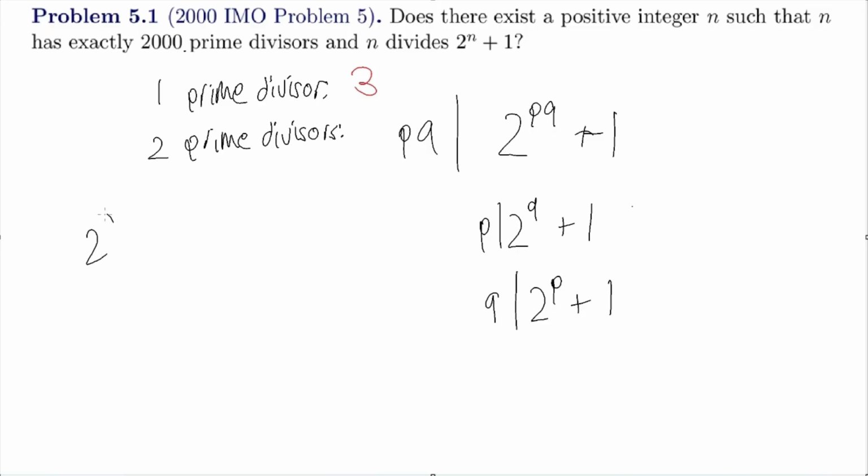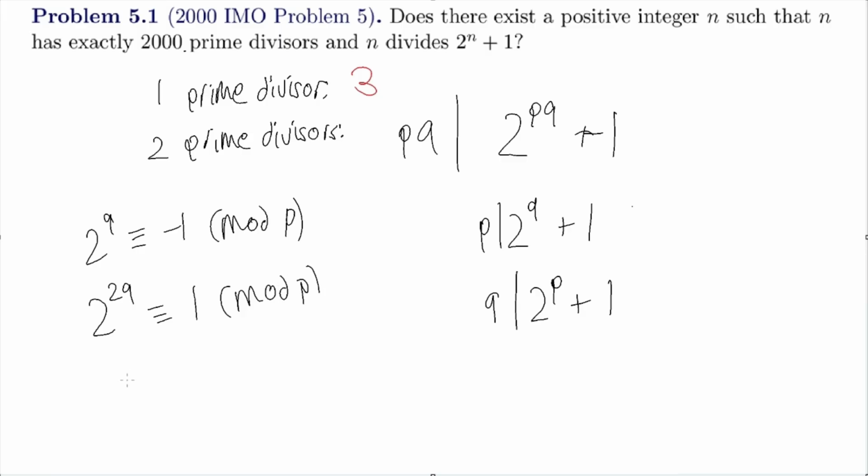And this means 2 to the q is equivalent to negative 1 mod p, or 2 to the 2q, if we square both sides, is 1 mod p. So this requires that the order mod p of 2 divides 2q. And because q is prime, this requires it to be either 1, 2, q, or 2q. If the order is equal to 1, then that doesn't work because 2 is equivalent to 1 mod p.